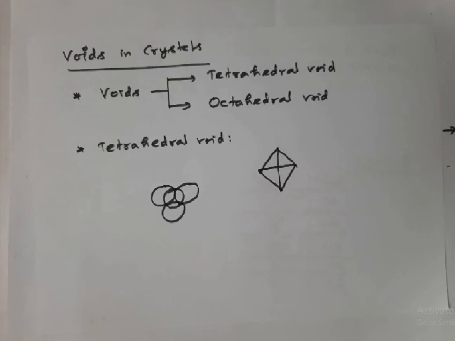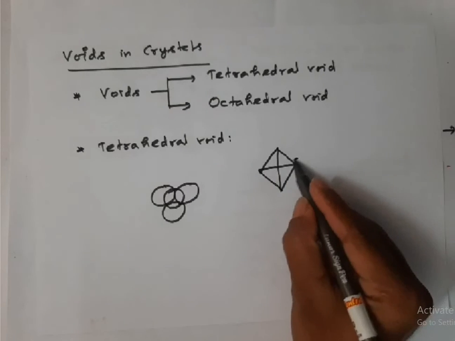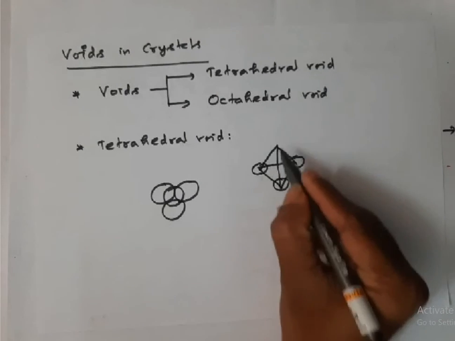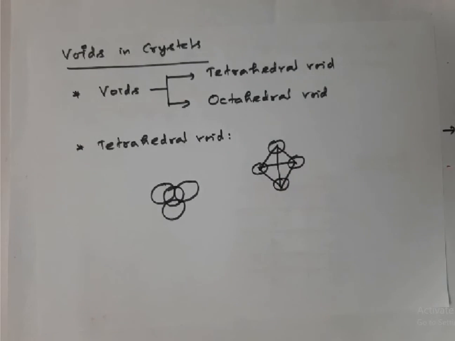We have an atom here, here, here, and here. What is the structure called, students? It's a tetrahedron, right? We have three balls below, one ball above.